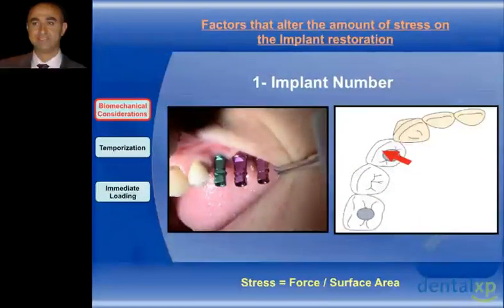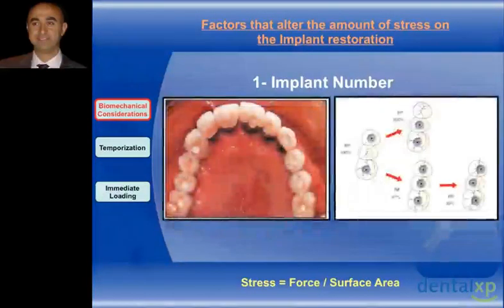Like from a book here, if we can place 2 implants and place a 3-unit bridge, which is correct, by placing the third implant to actually hold this pontic and splinting them all together, we are decreasing the amount of occlusal stresses on our implant restoration.